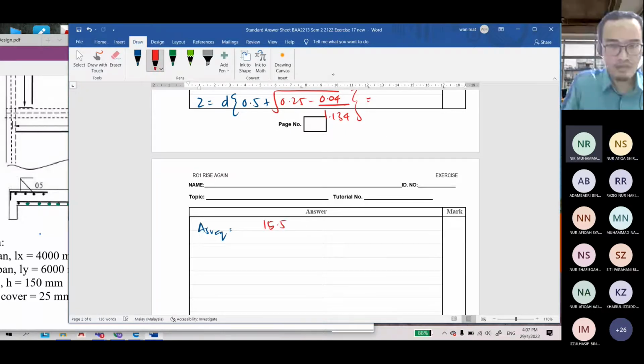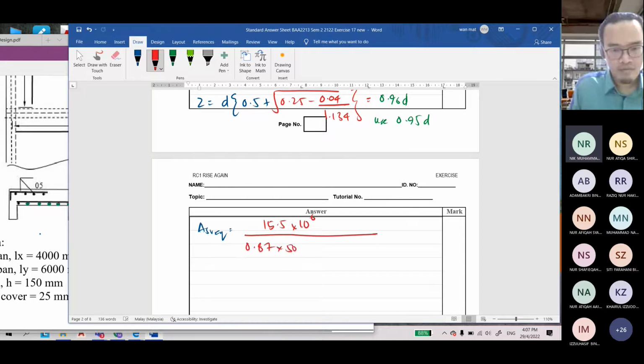0.96. Okay, so this one is 0.96 D. So you use 0.95 D. Okay, so you calculate the S required: 0.95 times 114.